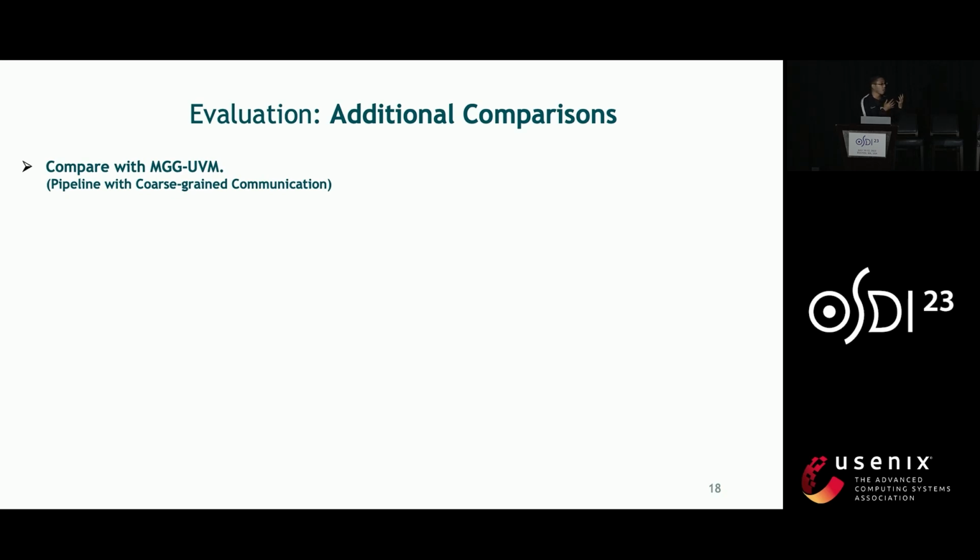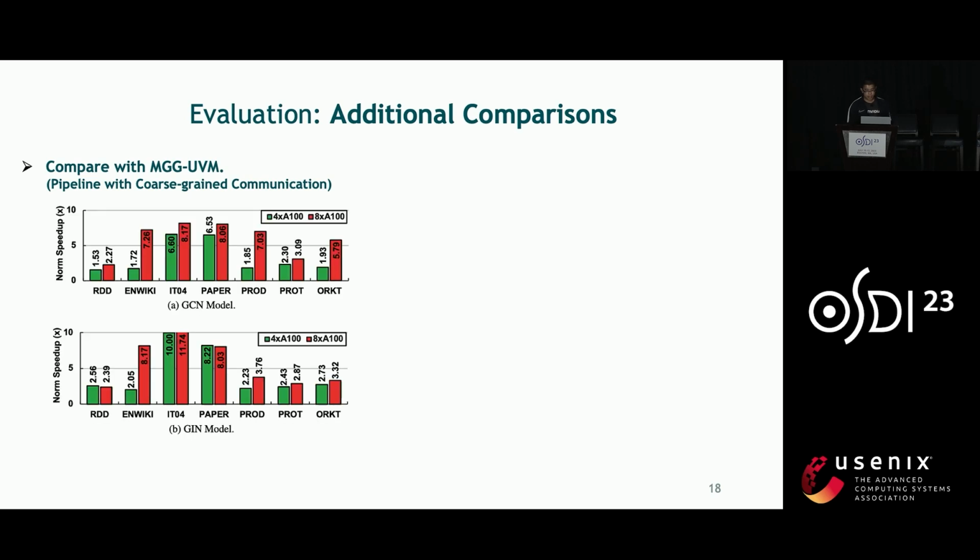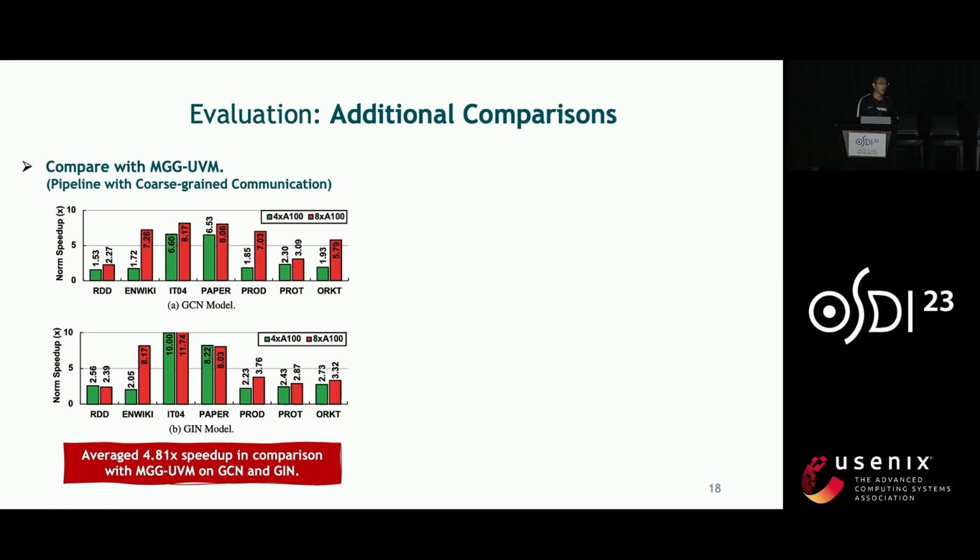Further, we apply our design with the existing unified virtual memory, and our design achieved a 4.8 times speedup compared with this design. This comparison indicates that a coarse-grained communication design, for example the unified memory, could hardly hide the communication latency by overlapping it with the local computation.